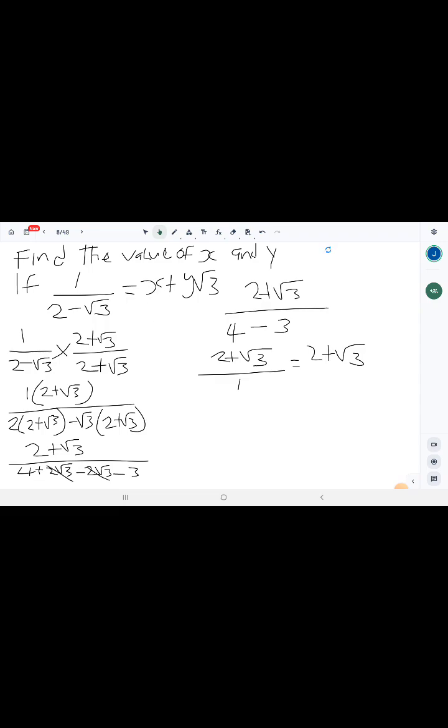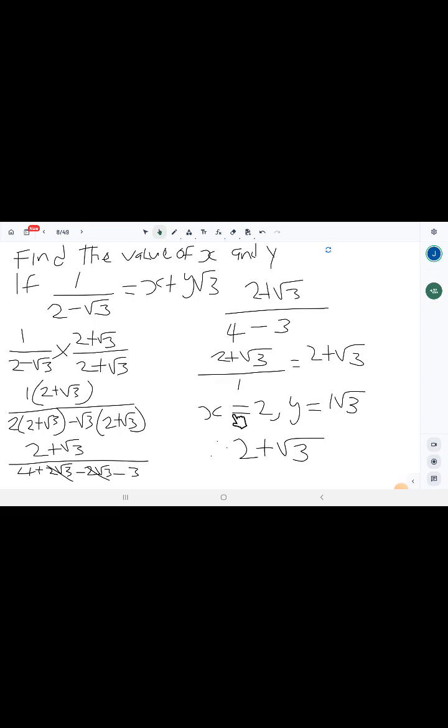So here's what's going to happen now. Our x here would be equal to this part of our answer, and our y root 3 will be equal to this part. So x equals 2, comma, y equals 1 root 3, so our final answer is 2 plus root 3.